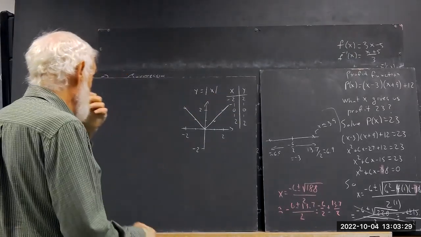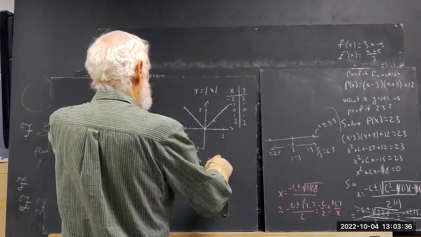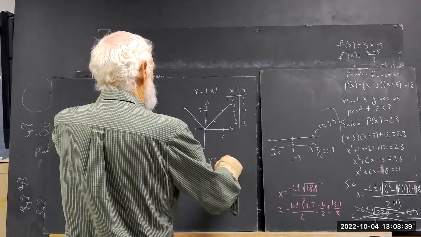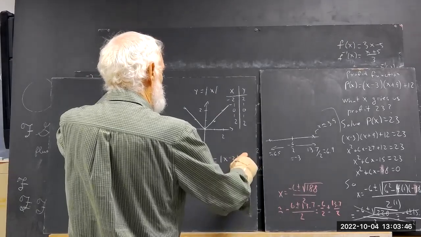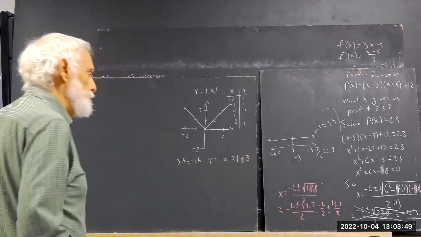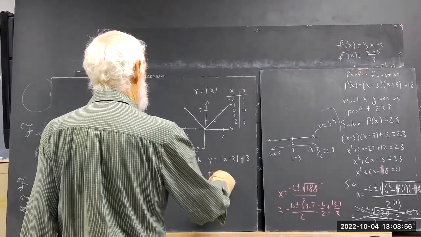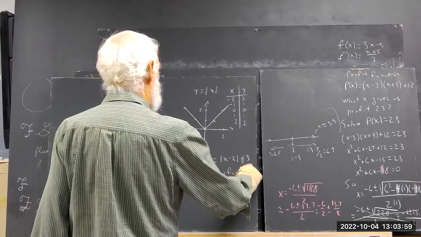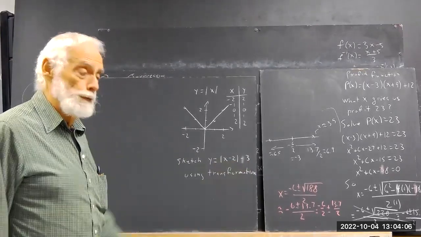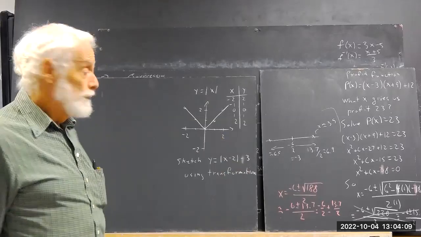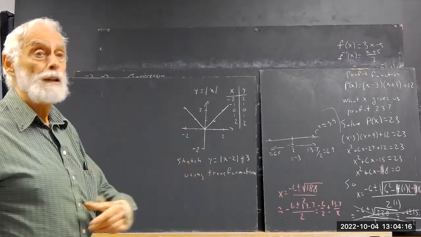Use transformations, sketch a graph of, and to do it using transformation, just ask yourself, if this is a function as opposed to this, where does this point go? Don't plug numbers in. Ask yourself, how does it move?